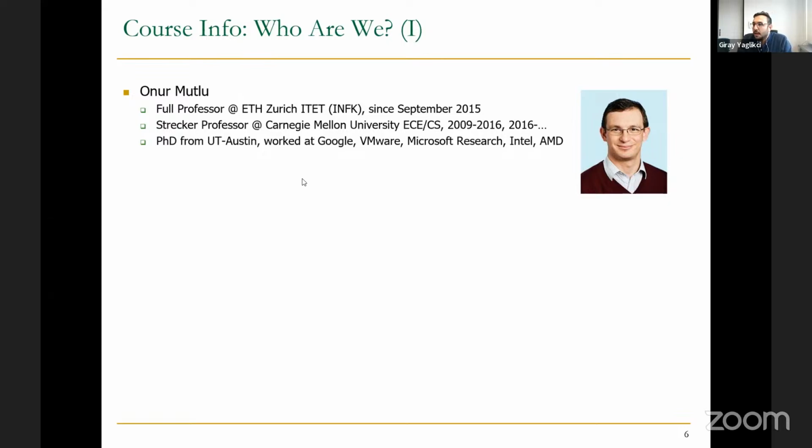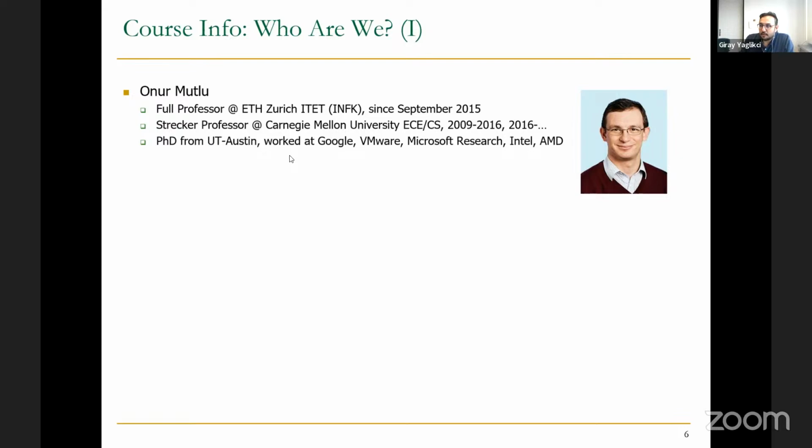Okay. Onur Mutlu is a full professor at ETH Zürich, in both the electrical engineering and computer science departments, since 2015. He's also a Strecker professor at Carnegie Mellon University in the US, in both electrical and computer engineering and computer science departments. He holds a PhD from the University of Texas at Austin.